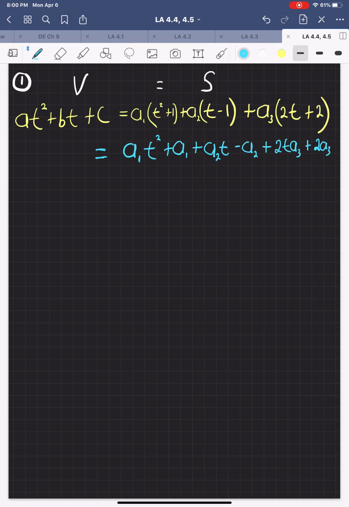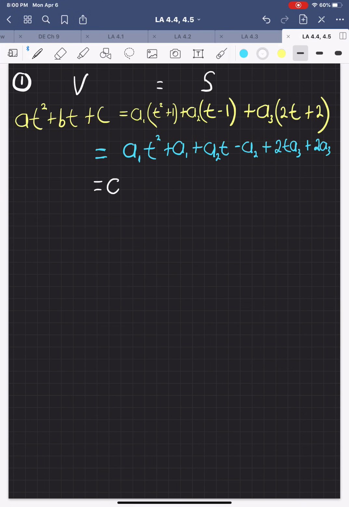I'm going to collect like terms. Anything with a t squared I'm going to group together, anything that has a t attached gets grouped together, and anything with no t at all gets grouped together. Ready? So let's go ahead and group everything up.